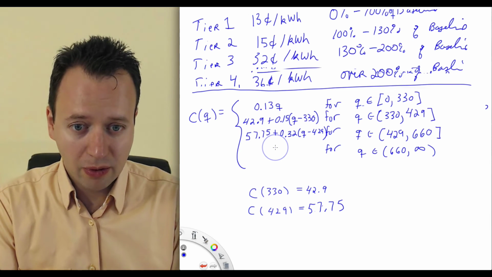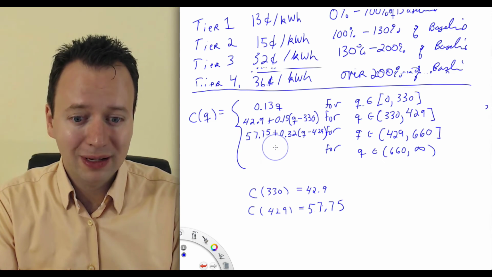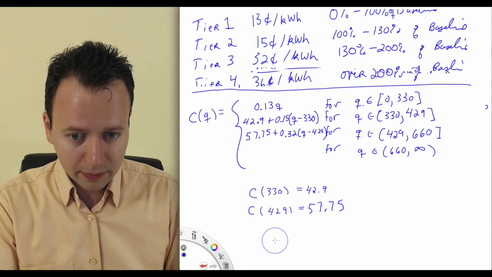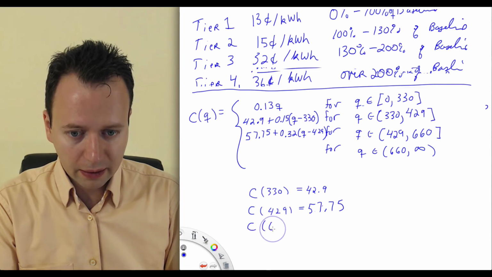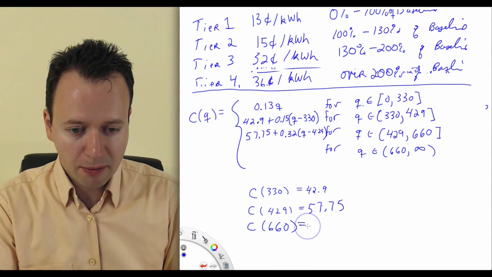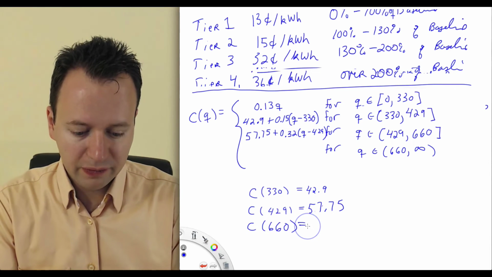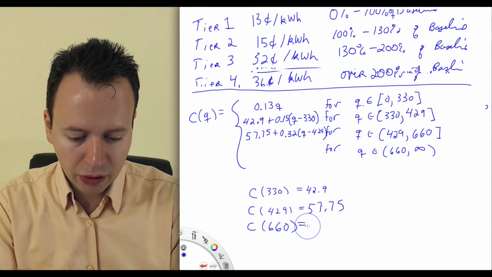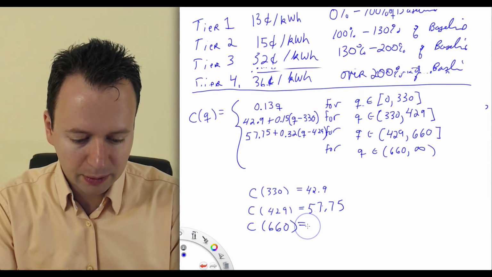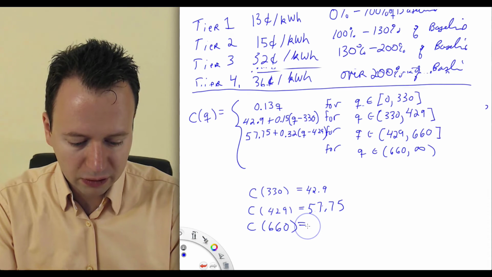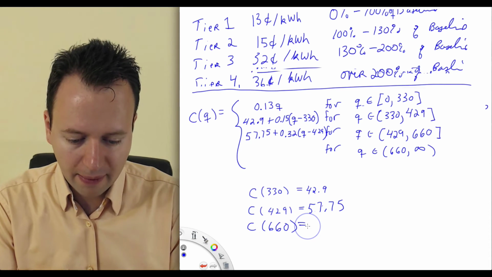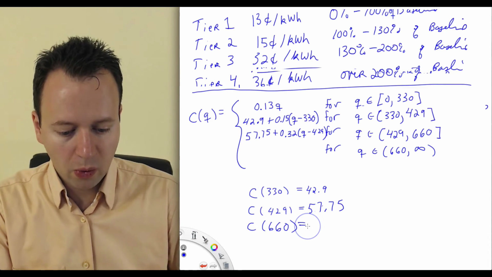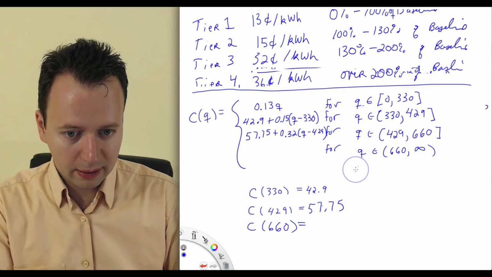So formula 3 at 660, C of 660, given by formula 3, is $57.75 plus 0.32 times the quantity 660 minus 429, which is 131.67.